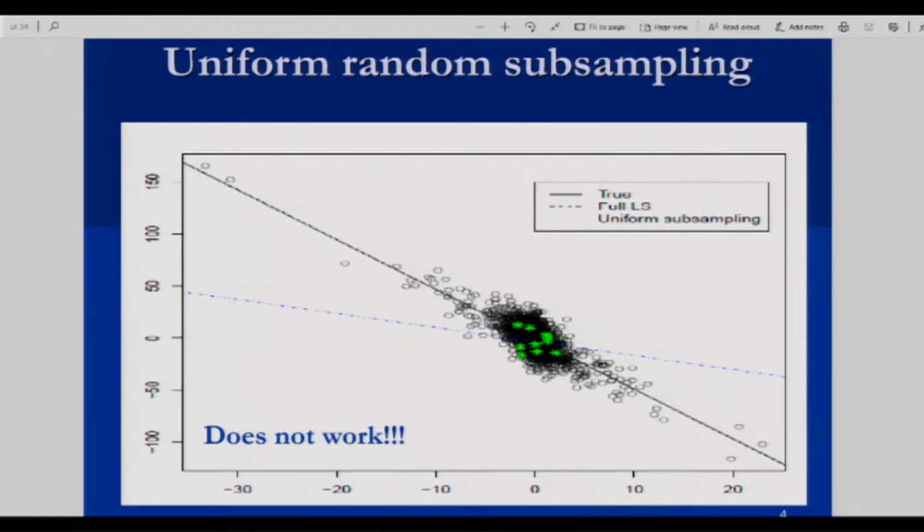I generated 2,000 data points from a simple linear regression with only slope and intercept, and the points form a cloud here. Then we randomly take 10 data points from these 2,000 data points using uniform distribution, and in a single run I got these 10 points. I use green stars to indicate them.